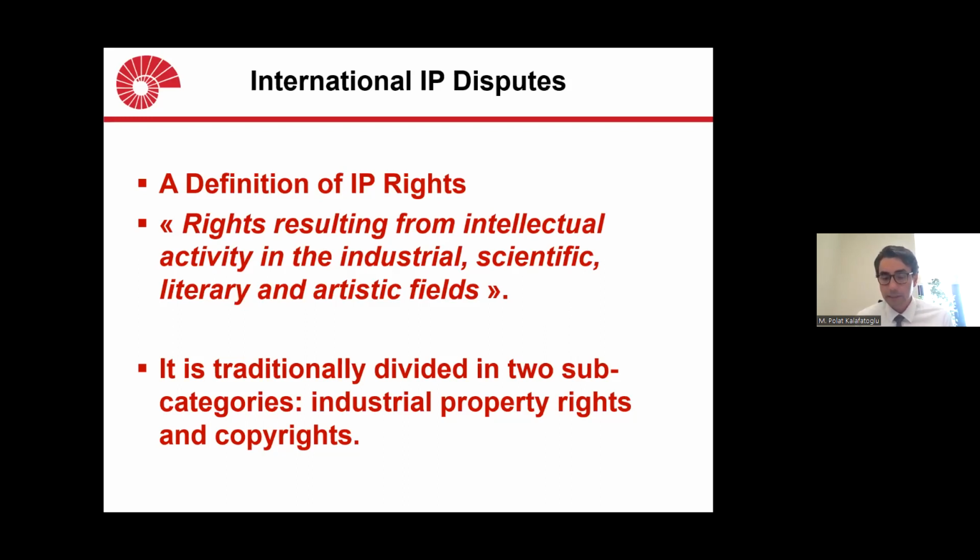But these properties, actually, they are distinct, so they are separate from each other. Briefly, intellectual property is a creation of the intellectual activity, and the owner of the IP rights can either choose to share this creation freely with the public or freely with the society, or he or she may decide to control its use.